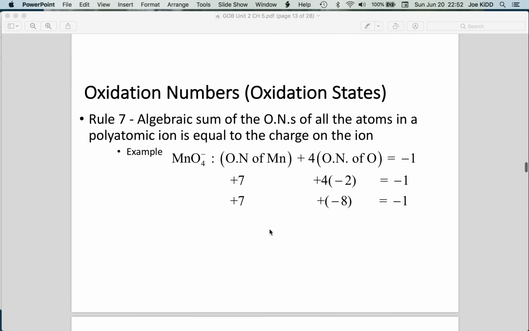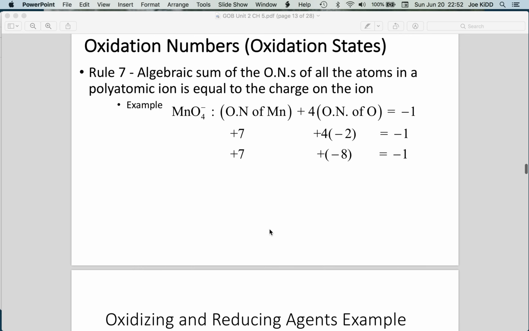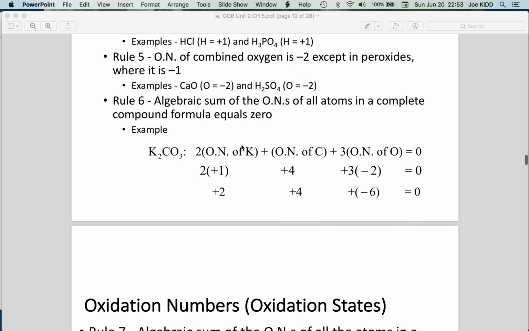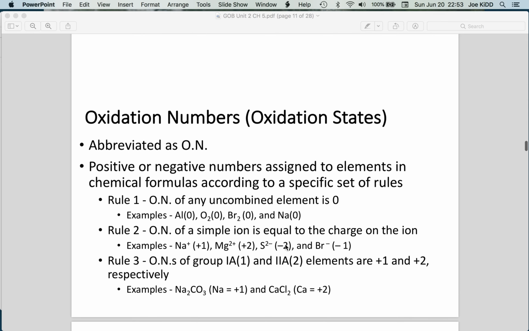The last rule that we're going to talk about is the sum of all the oxidation numbers in a polyatomic ion. So if we have an ion where there's a charge associated with it, the oxidation numbers should reflect that charge as well. And so that's what we see here. Manganese, we don't know necessarily what the charge is of it. We know it's a transition metal, so it could be kind of all over the place, so we can't really use rule 2.